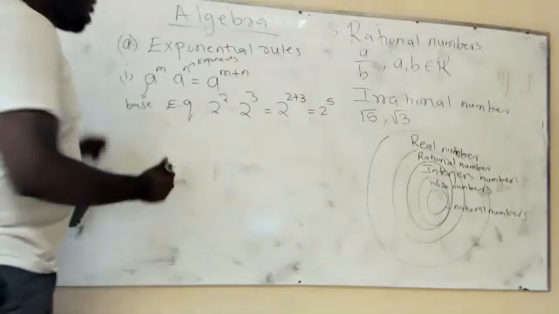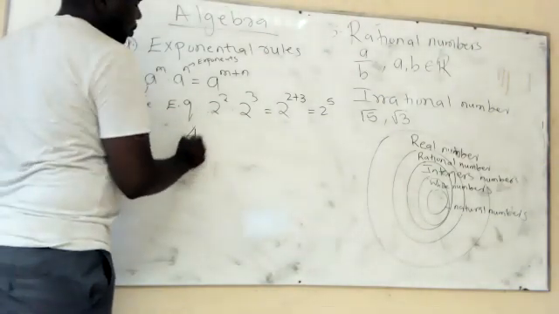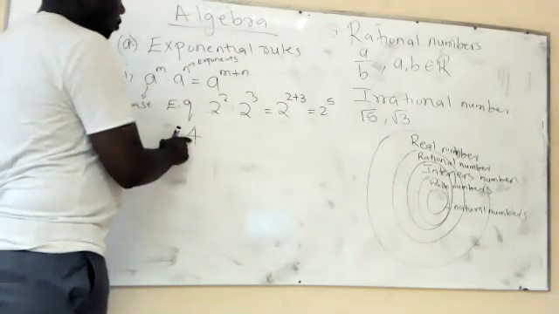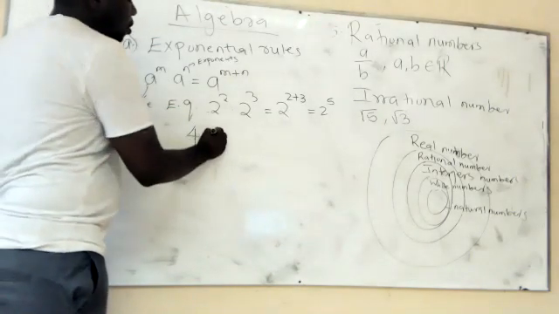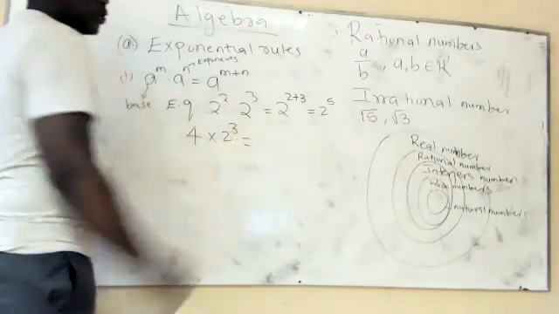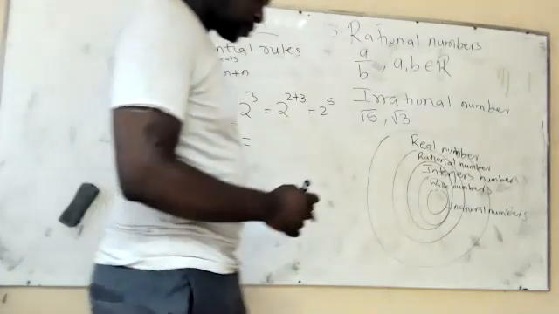Okay, now let me give you another question to try. Let's say we have a question of 4 multiplied by 2 to the power of 3. What do you think will be the answer for this one?